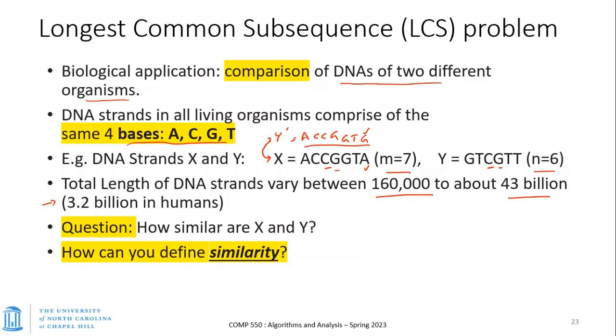Y could be just G and T, or Y could be GT, G, double T and C. If you look at Y and X, there is no similarity: G versus A, C versus T, C versus T, and another C. But there is some similarity. What is that similarity between, let's say, Y double prime and X?